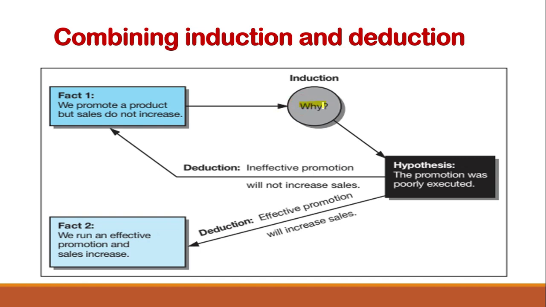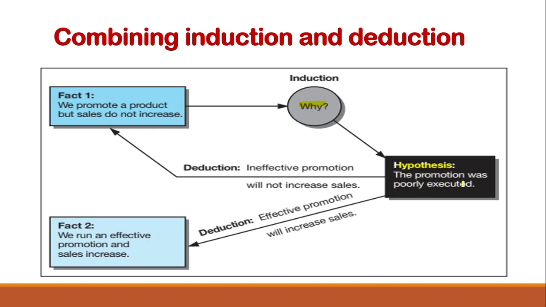That is an induction, because it is a specific problem and you want to generalize why the sales are not increasing. Then in step 3, you infer a conclusion to answer the question. That means you developed a hypothesis. The hypothesis is the promotion was poorly executed.